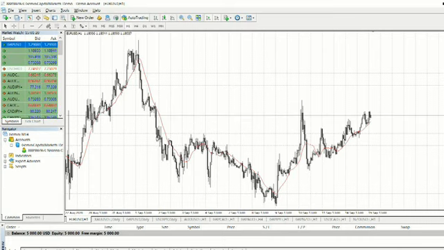What I mean by high price is, remember we say the market does not move in straight lines. The market always moves in waves. So let me see if I can draw on my screen. So you have the market moving. That's too big actually. Let me clean this up.